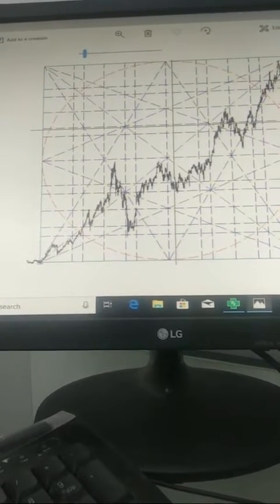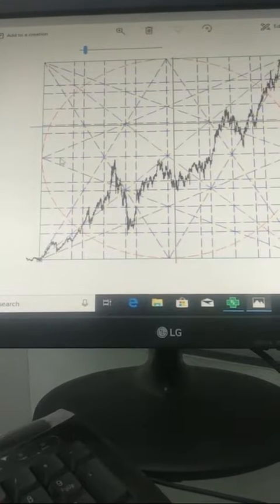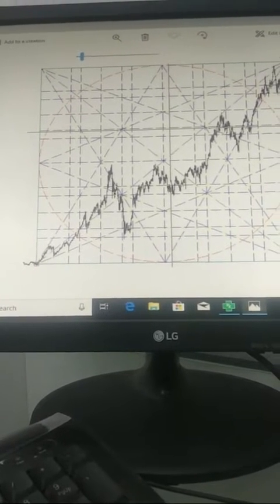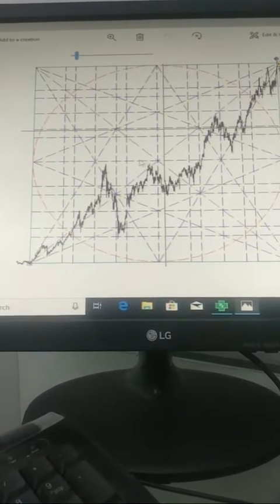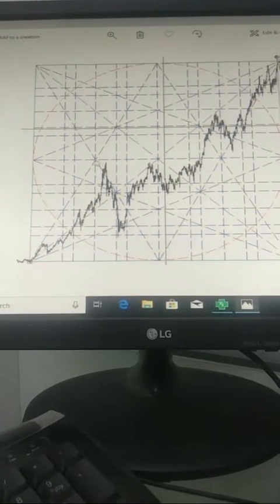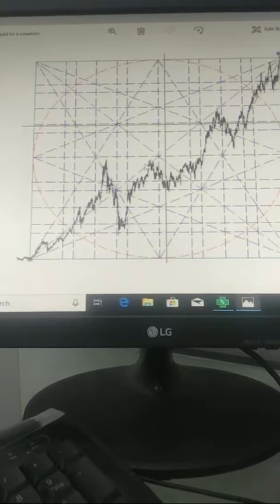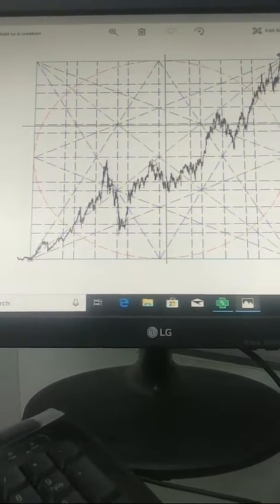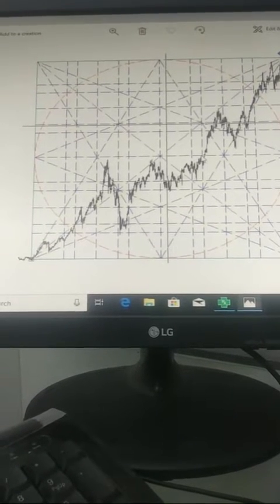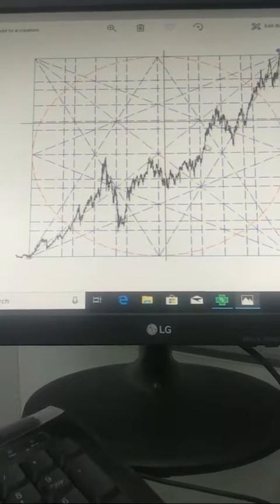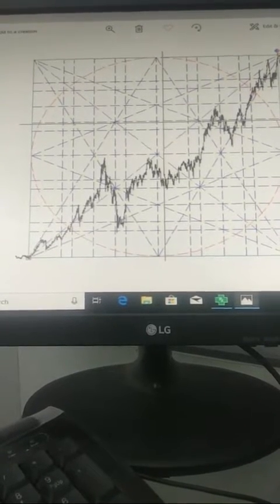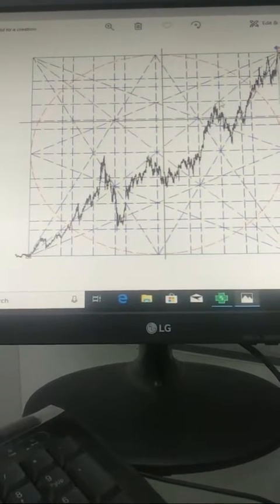Then comes some resistance point. Now this is the 50% line, which Gann mentioned in some of his books, and you can see how strong this resistance was. This was 1, this was 2, this was 3. The third time when it broke, it gave a violent rally, and you can see where it touched at the intersection point.